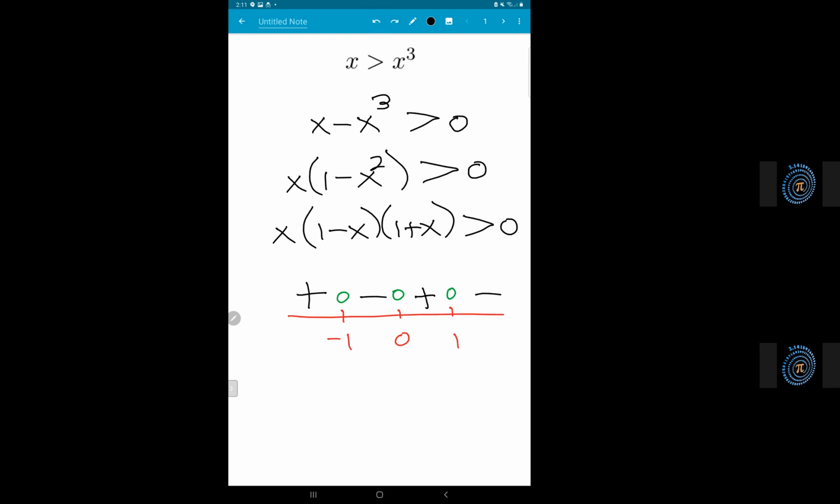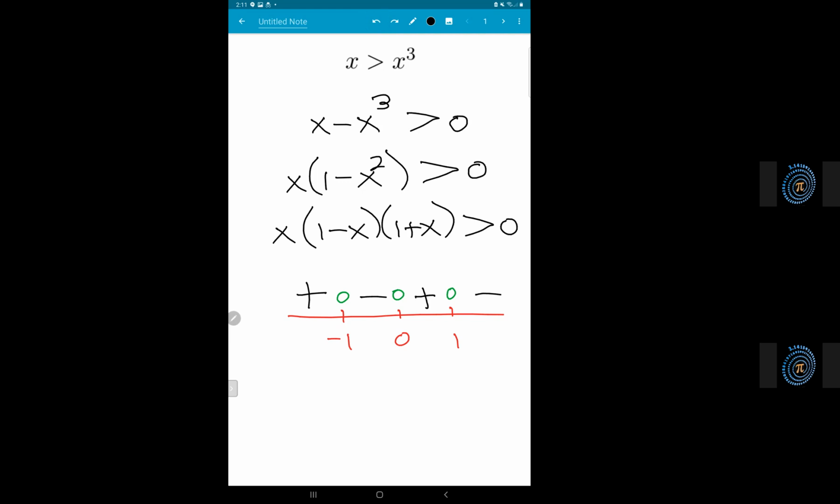So you look for the intervals where it is positive, and you exclude the partition numbers. They are not part of the solution because the function becomes exactly zero at those values, unless there were an equal to in the inequality. Then you would have to include them.